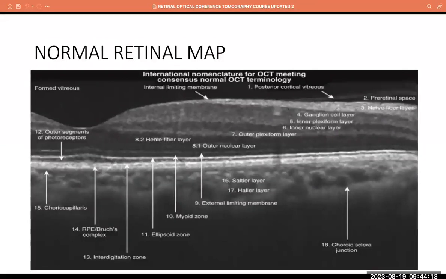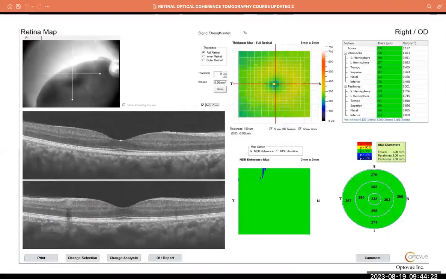So I'm going to move some slides backwards so that I can now show you something. Okay, Dr. Baturi, 2 slides back. So now look at this. If you identify the nerve fiber layer in the map here, that's the second and the third images to the left, you see the nerve fiber layer to this side.